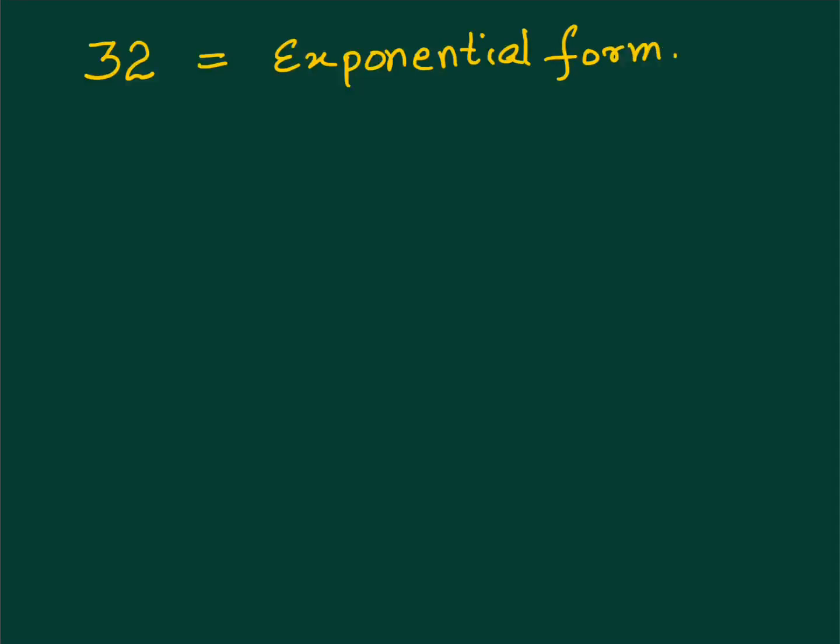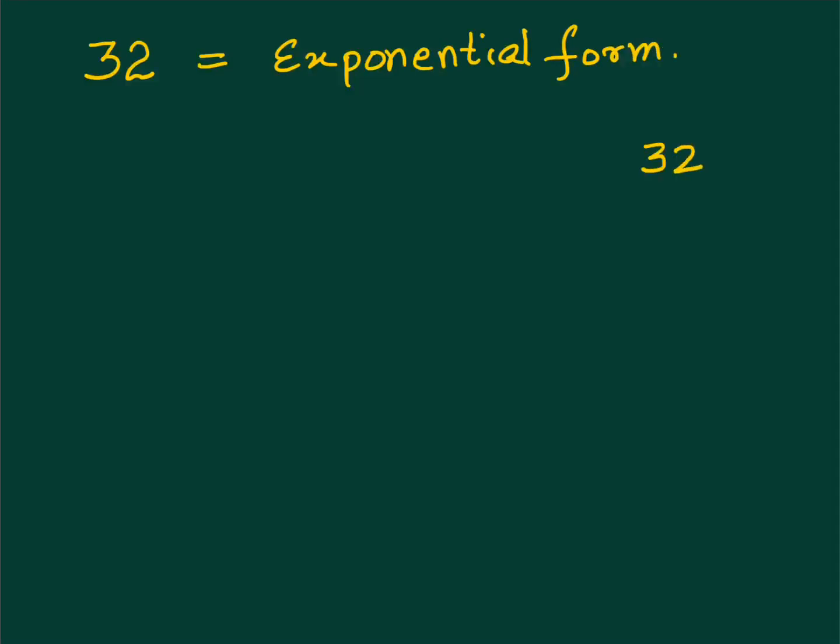Let's go on to law number 8. Now this law number 8 sometimes sounds very tricky, so let's approach it in a slightly easier way. We have this integer 32. Express this number in exponential form. So how do you express a number in exponential form?